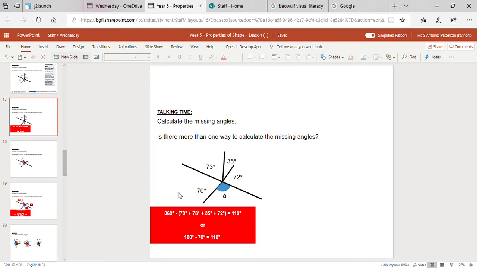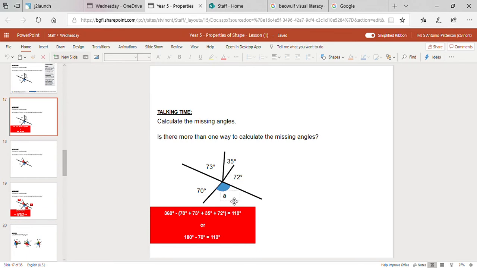The shorter way, or the most efficient way, should I say, is we know that these three added together must equal 180 degrees. Why? Because they are on a straight line. Similarly, this angle and this angle must equal 180 degrees. Why? Because they are both on the straight line.